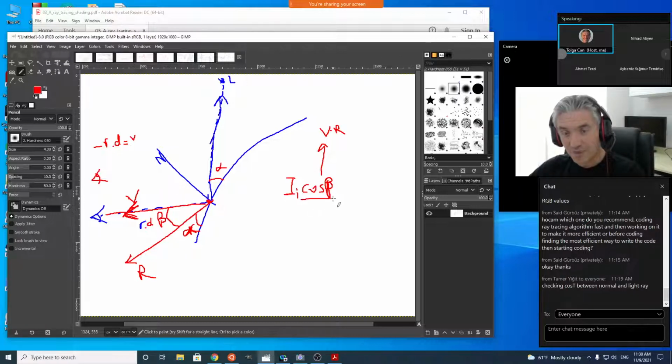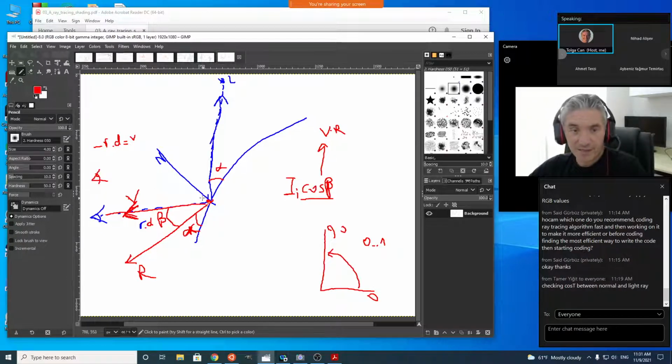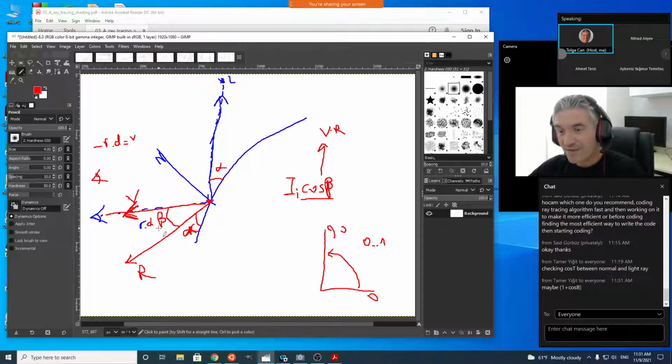If you just have cosine beta, the values will range from 0 to 1 when the angle ranges from 0 to 90 degrees. So it will be like a diffuse value between 0 and 90 degrees. We actually want the specular value to decrease really fast. Another idea, 1 plus cos beta, could be done.